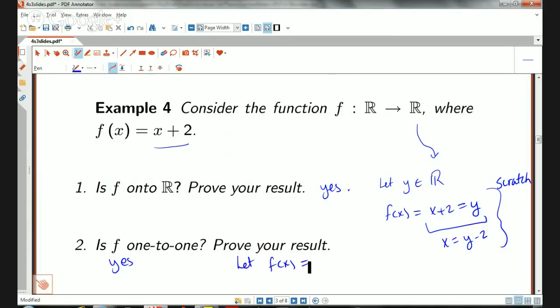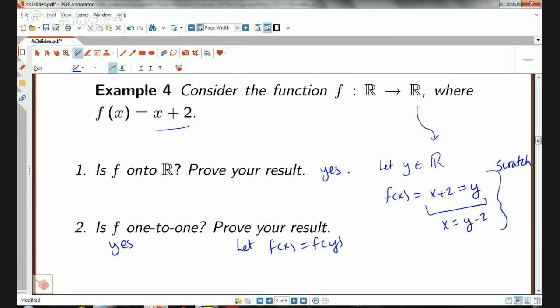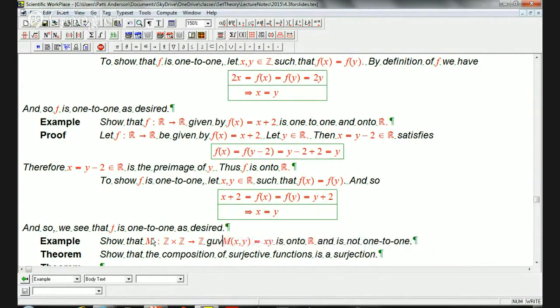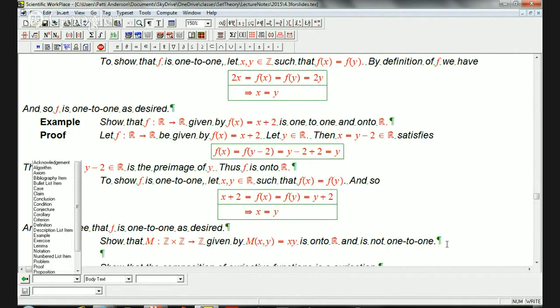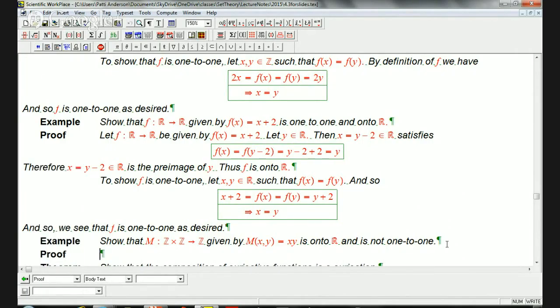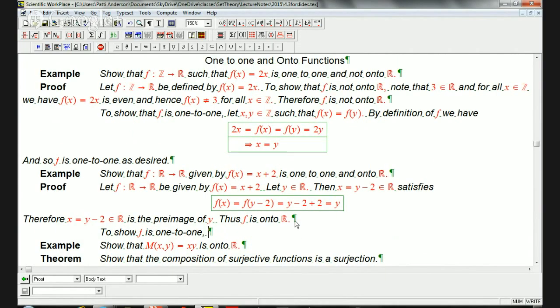We need f of x equal to f of y. Plug in what that means. So which one do we want to do first, onto or not one-to-one? Onto. You want to do onto first, okay? So we're going to let our x and y be in the reals because that's the domain, such that f of x is equal to f of y.